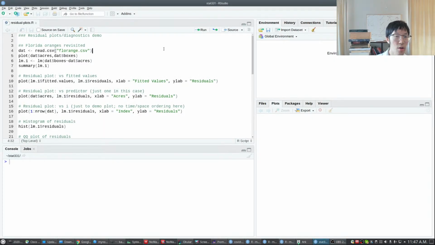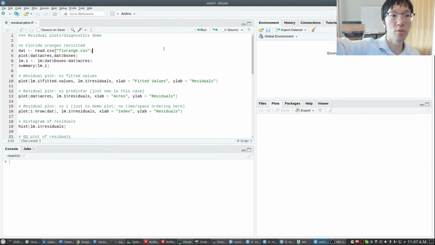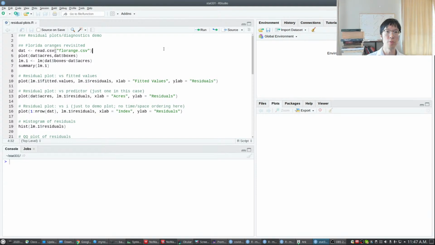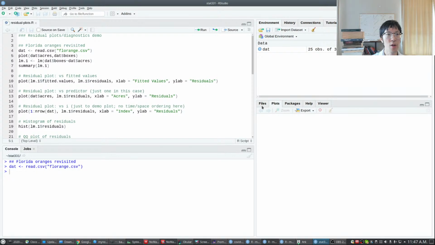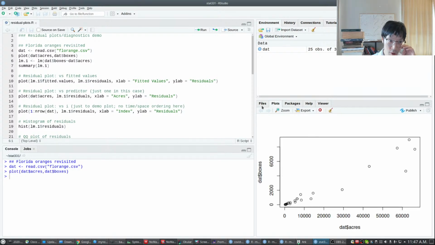Okay, so this will be fairly short, so let's make a few residual plots just to illustrate what we've talked about today. So the first one, I'm going to pull up the Florida Orange data set, so we're going to load that in. This was just a simple linear regression. We're predicting the number of boxes produced from the number of acres.